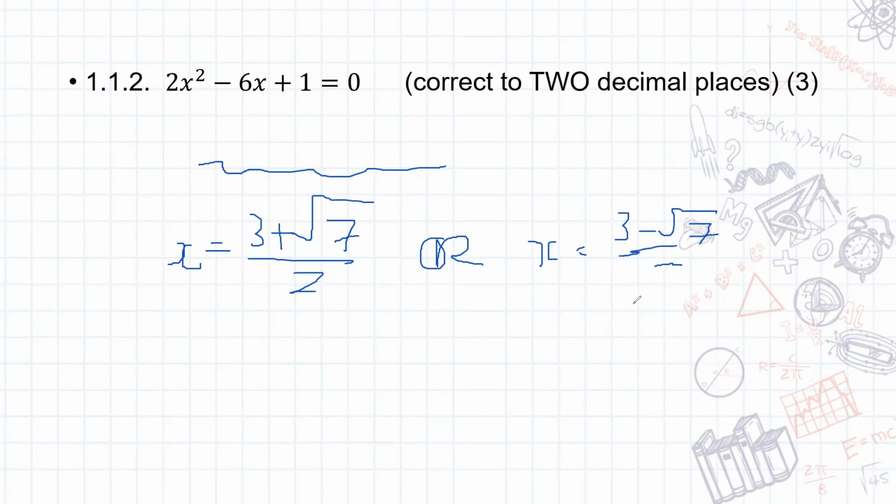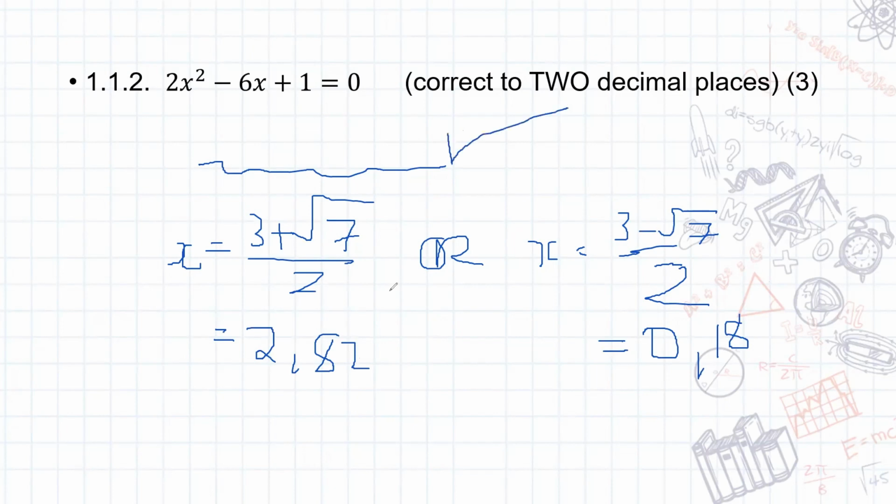And then, of course, it asks for decimal places. So we're going to say 2,82 and 0,18. And here you've got 3 marks. So there's 1 mark for the substituting into the equation, 1 mark for this answer, and 1 mark for that answer.